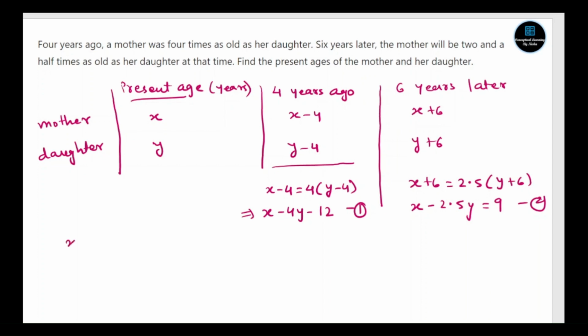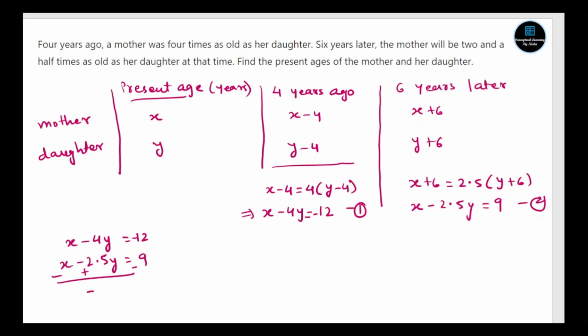So x minus 4y equals minus 12, right? And then x minus 2.5y equals 9. Now let's simplify this. So minus plus minus. So what do we get?